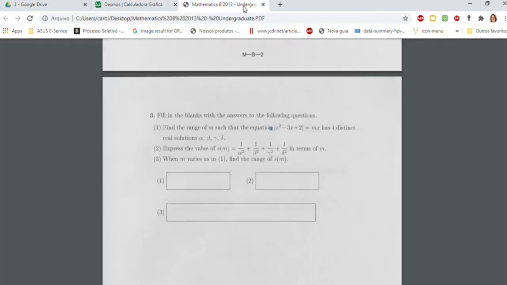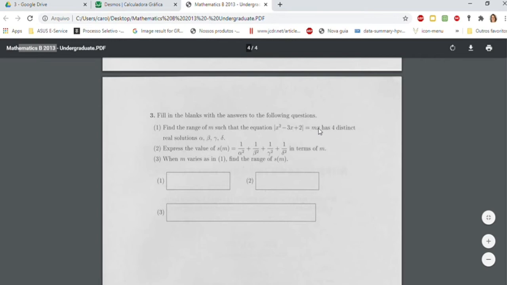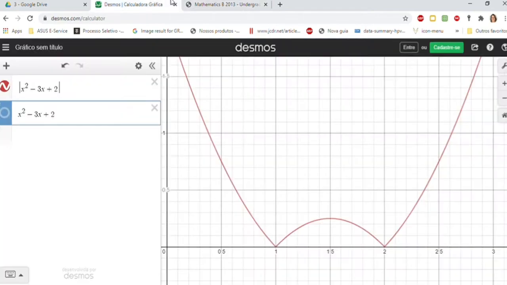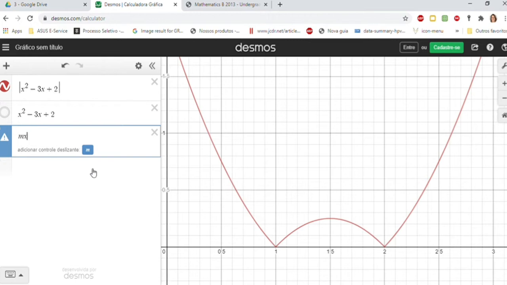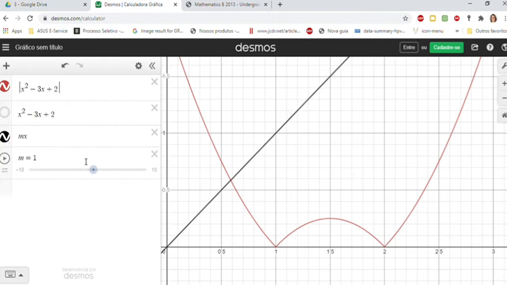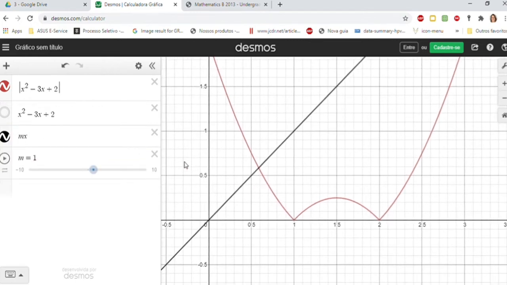The question is telling you that when it's equal to m of x, it has four distinct solutions. Well, what is m of x? This m of x is a line. It's not squared, it's not cubed, it's the equation of a line.